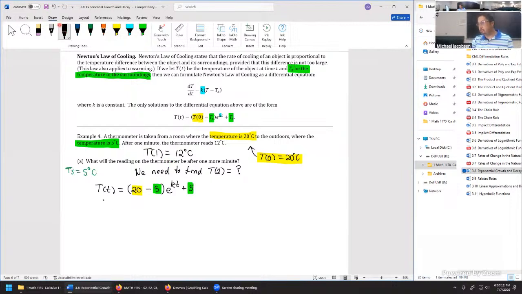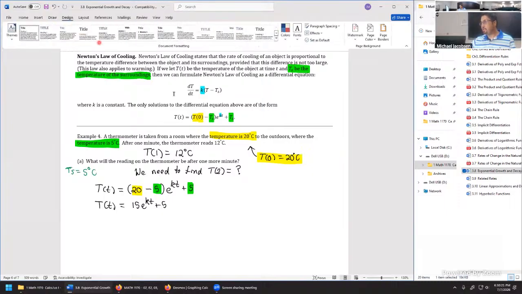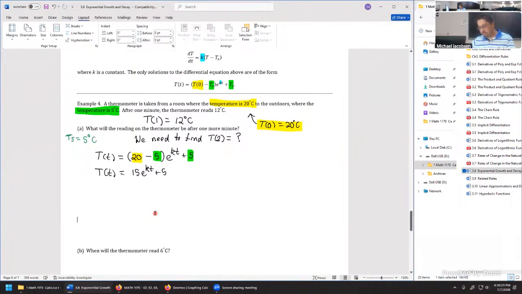So let's simplify this down. We now know that temperature at any time t is 15 e to the power kt, plus 5. Scroll down just a bit there.